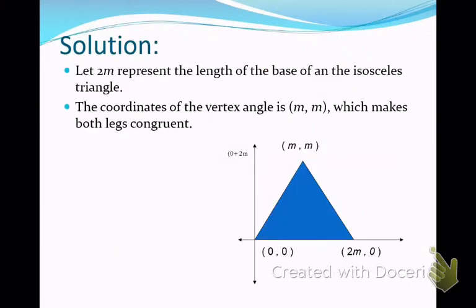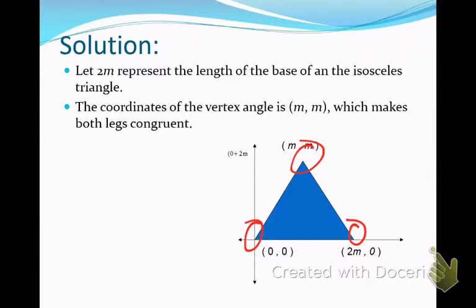Let's say that we put this triangle in the coordinate plane, and we do so that one vertex is at 0, 0, one vertex is at 2m, 0, and one vertex is at m, m. Now notice we're not using numerical values, we're using variables.